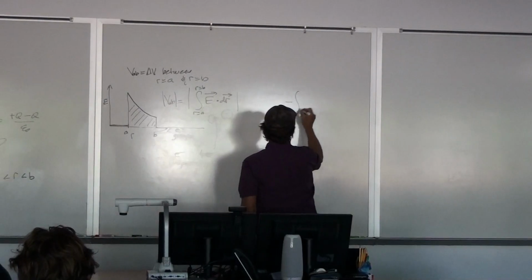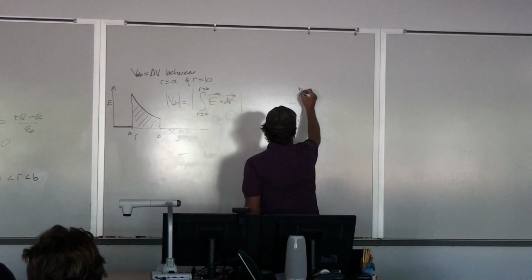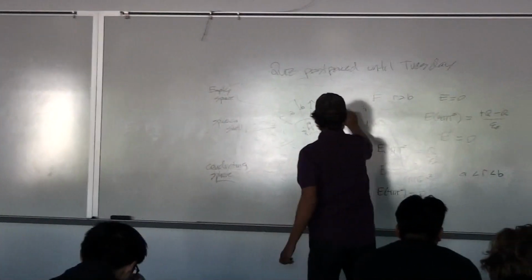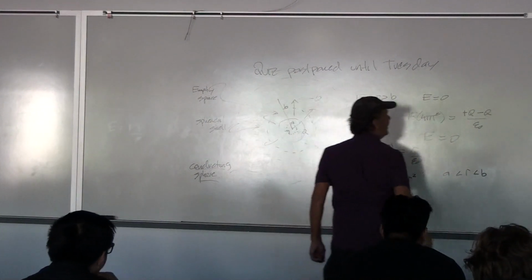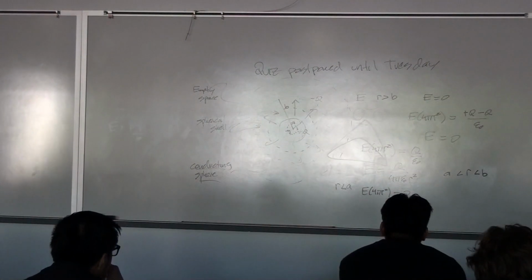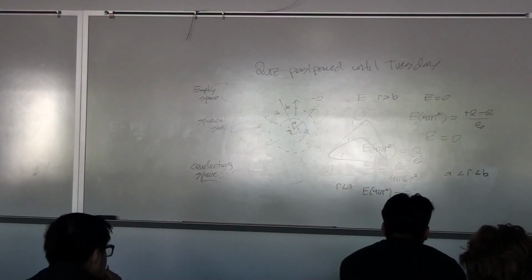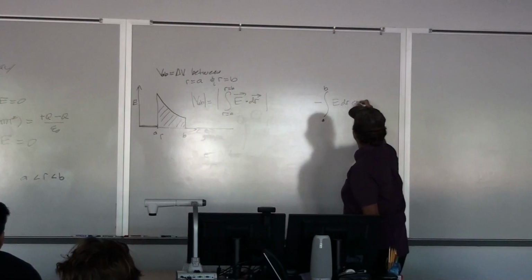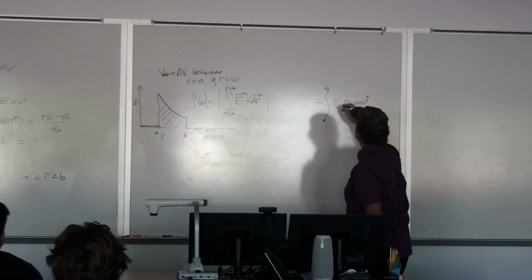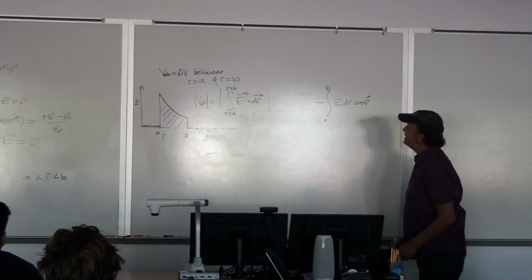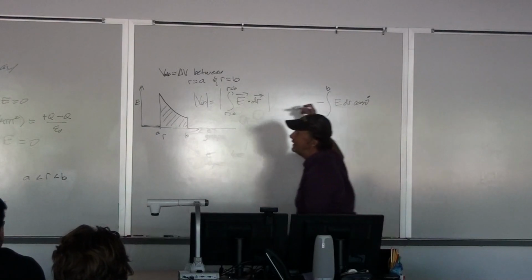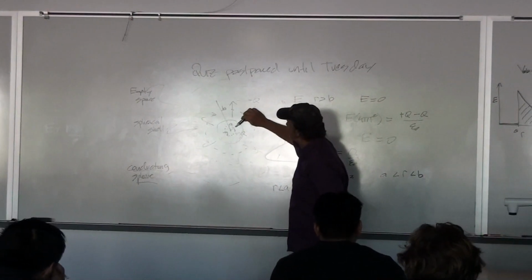So you have minus the integral from A to B. And so if I'm going this way from A to B and not from B to A, then this is going to be negative. So you have minus a negative, and then you have E times dr times the cosine of 0. But if you went from B to A, then this would be times the cosine of 180, because then you would be going this way against the electric field.